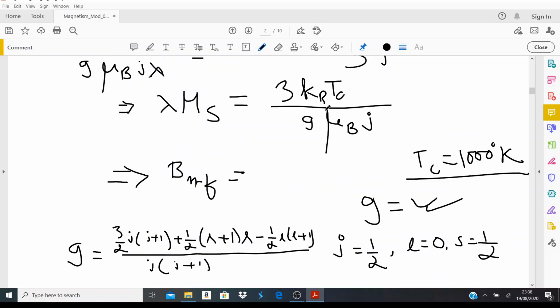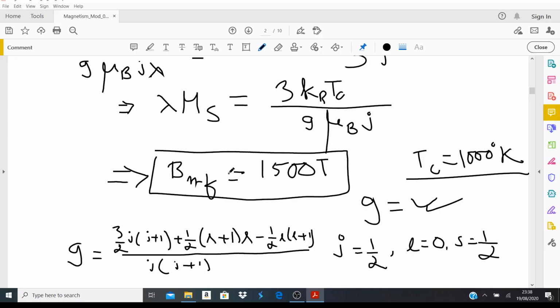So everything is known here, Bohr magneton is standard, it's constant. If you put all the values, the surprising result is that the molecular field strength is of the order of 1500 Tesla.